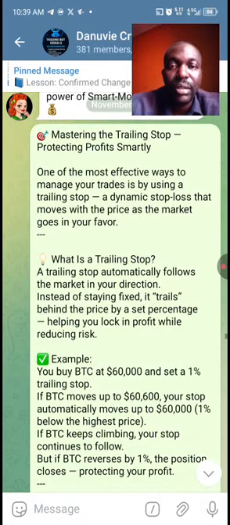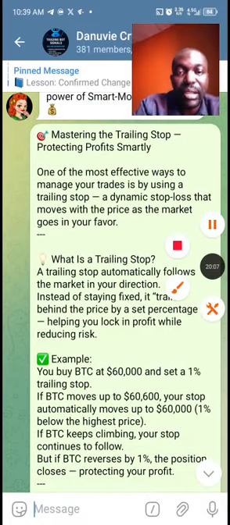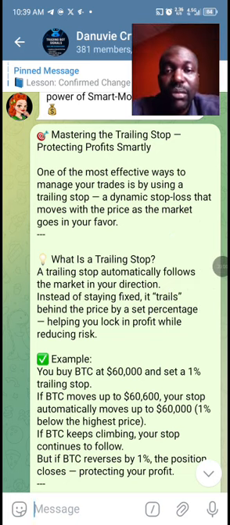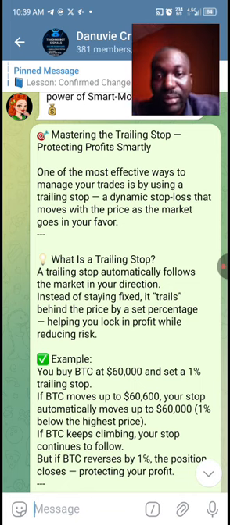It says here, mastering the trailing stop, protect profits smartly. One of the most effective ways to manage your trades is by using a trailing stop, a dynamic stop loss that moves with the price as the market goes in your favor.